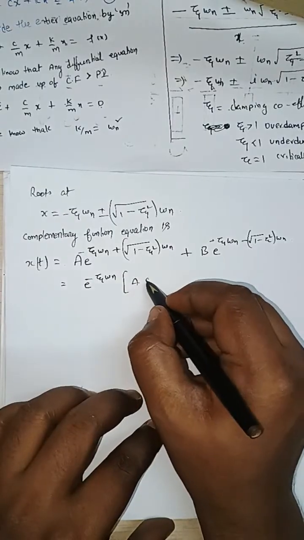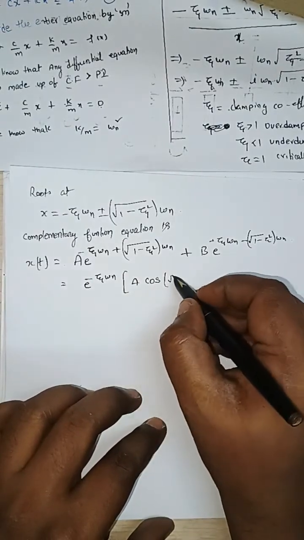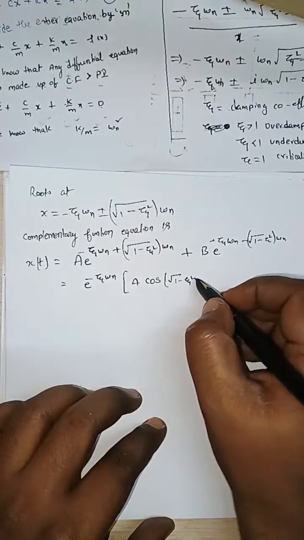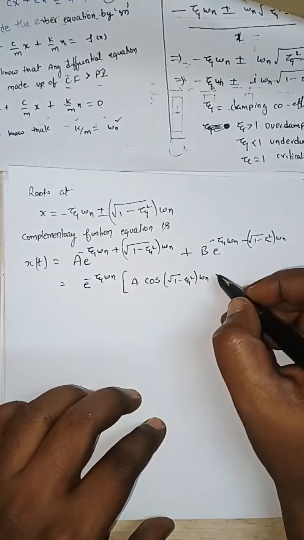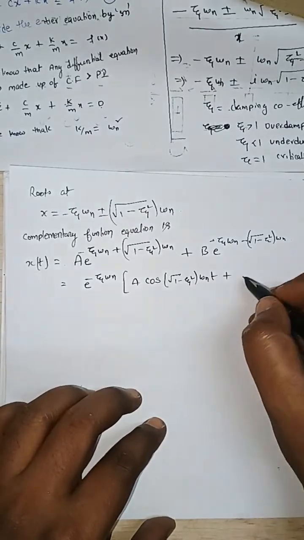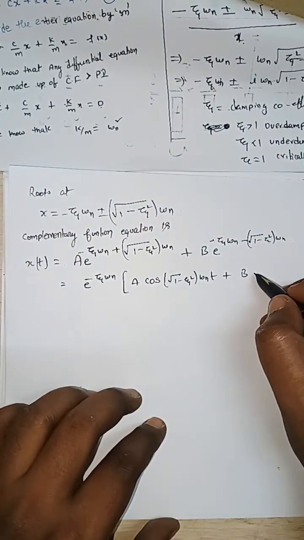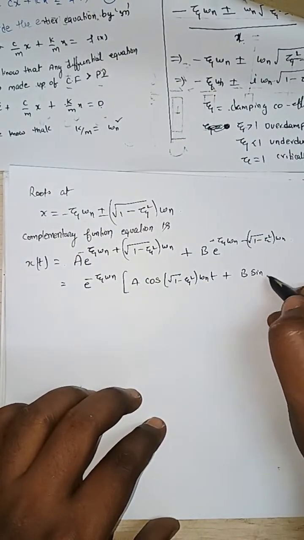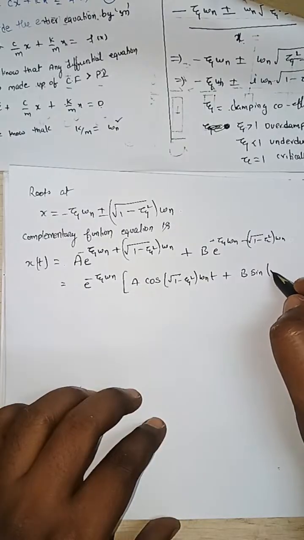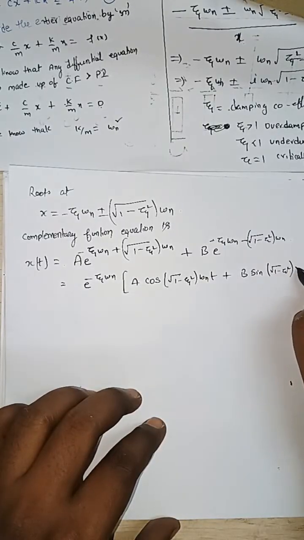Times A cos of square root of 1 minus zeta square omega n into t, plus B into sin of square root of 1 minus zeta square omega n into t.